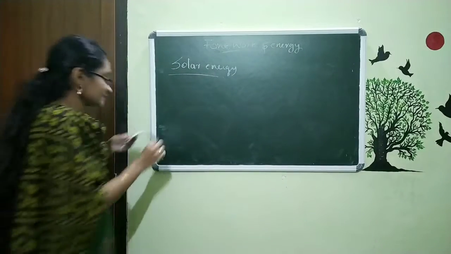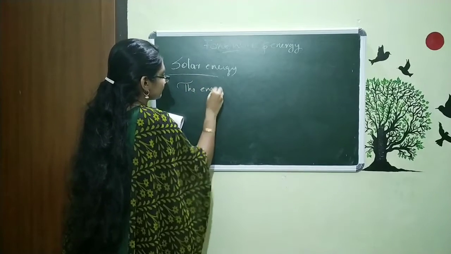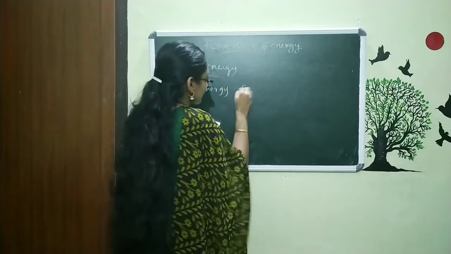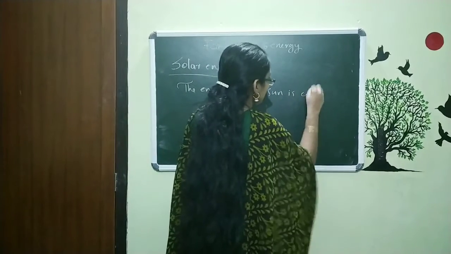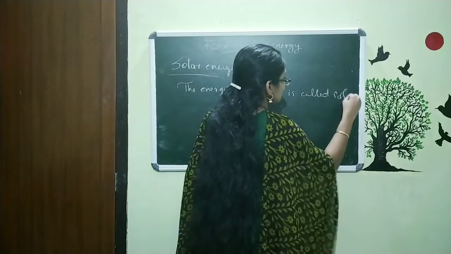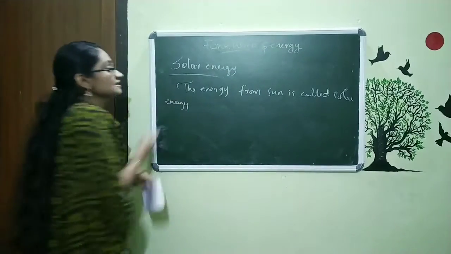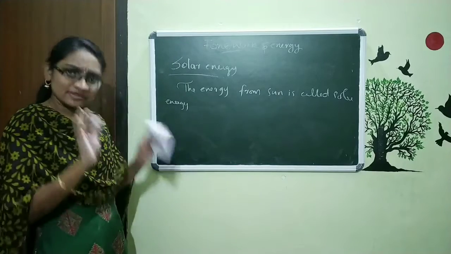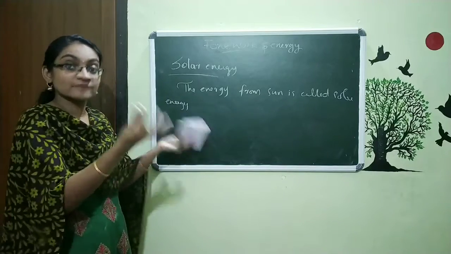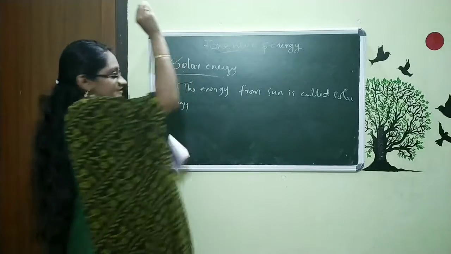So we can say the energy from the sun is called solar energy. We are calling the energy that we get from the sun by a particular name, and that is solar energy.